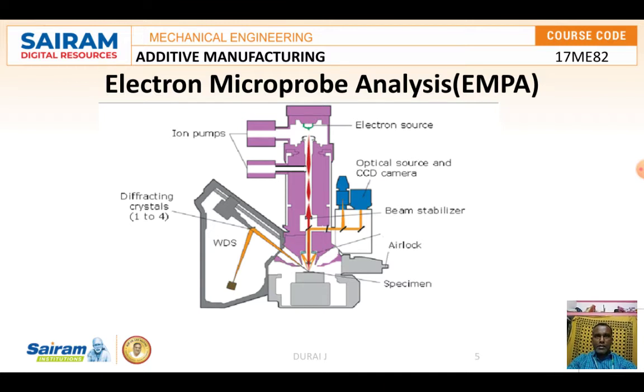Here it bombards a micro volume of the sample with a focused electron beam and collects the X-ray photons emitted by the various elemental species.